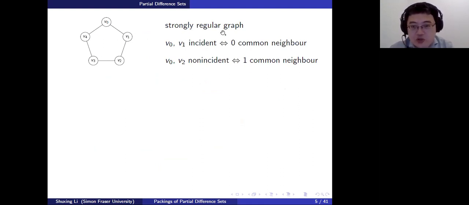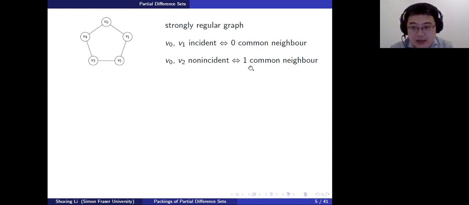It is a strongly regular graph in the sense that any two incident vertices share exactly 0 common neighbors, whereas any two non-incident vertices share exactly 1 common neighbor. So right here, we're looking at a two-valued phenomenon in terms of the number of common neighbors.